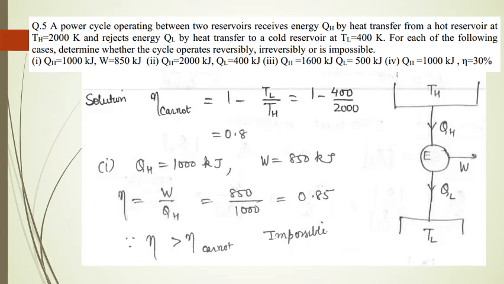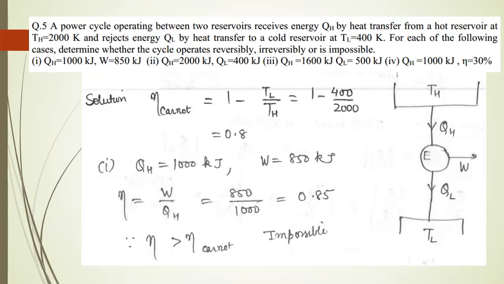That comes out to be 0.8 in our case. So the maximum possible efficiency of any heat engine operating between these two temperature limits, that is 2000 Kelvin and 400 Kelvin, is 0.8, that is 80%. And that will be the Carnot engine, or the reversible engine.